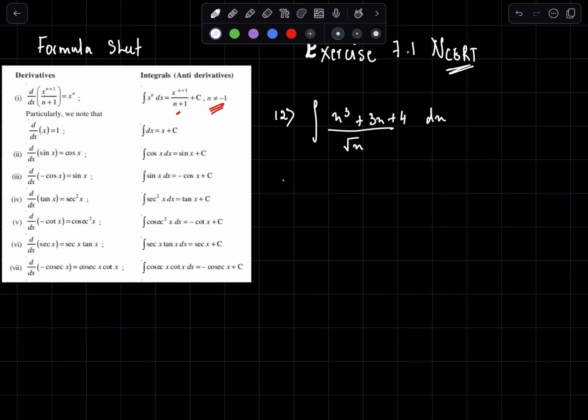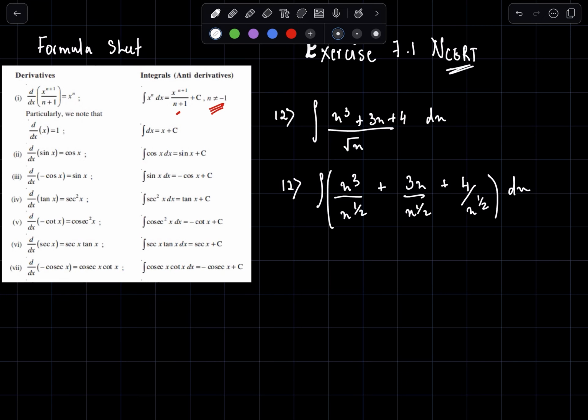All you have to do is the integral of x cubed over x raised to the power half, plus 3x divided by x raised to the power half, plus 4 divided by x raised to the power half, dx. Now let's integrate each of these terms.